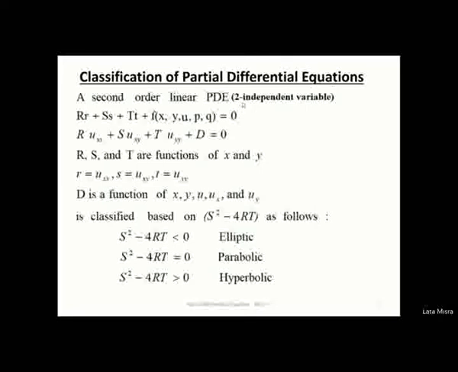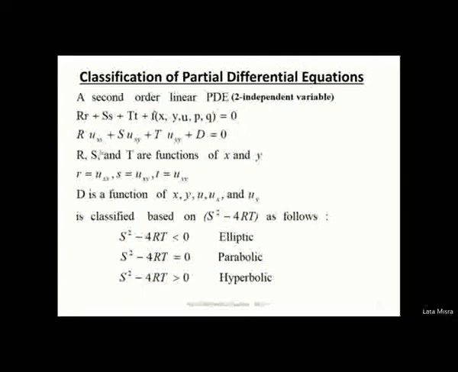We consider a second order partial differential equation with two independent variables as Rr + Ss + Tt + f(x, y, u, p, q) = 0.